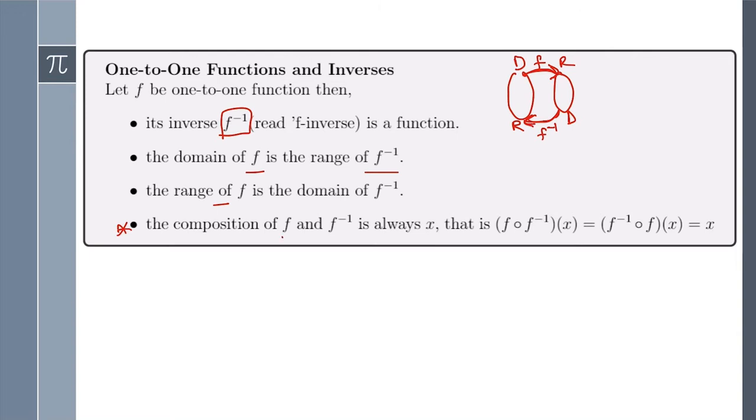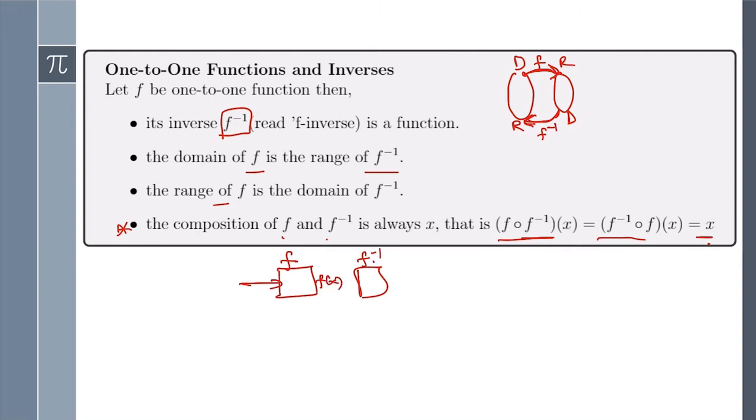Then there's one important result here. The composition of f and f inverse is always x. Remember we talked about the composition of functions in the previous video. Composition means we have two different functions, say f and f inverse. When we send x through here, we get f of x.